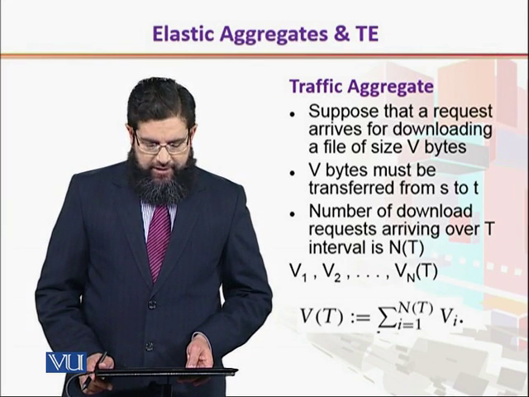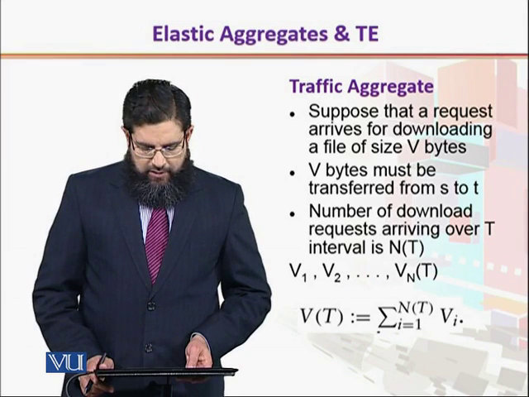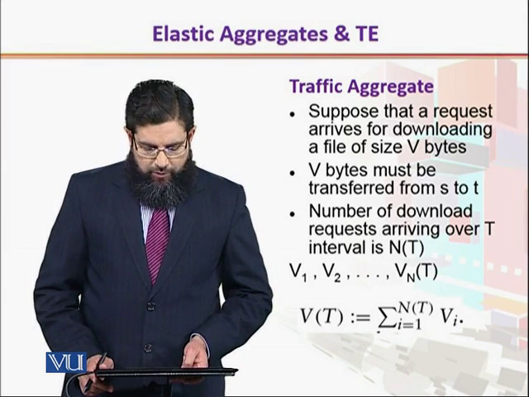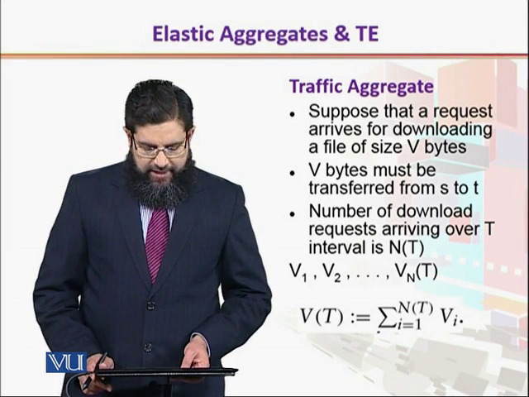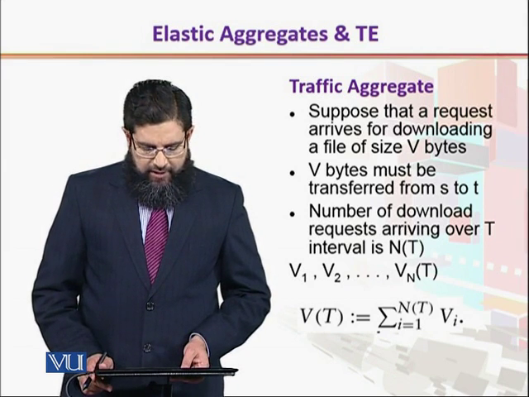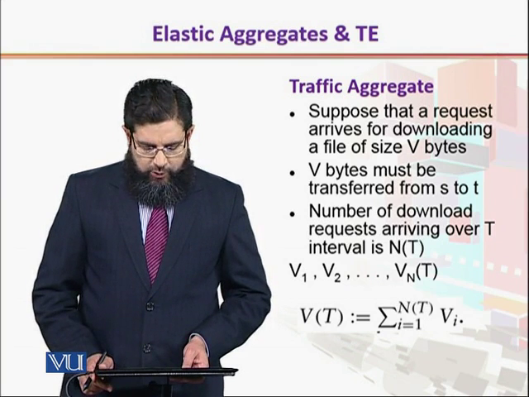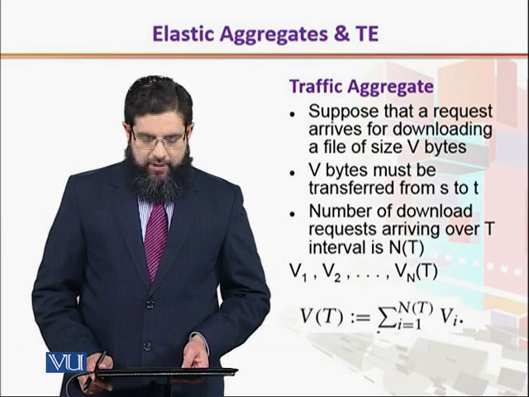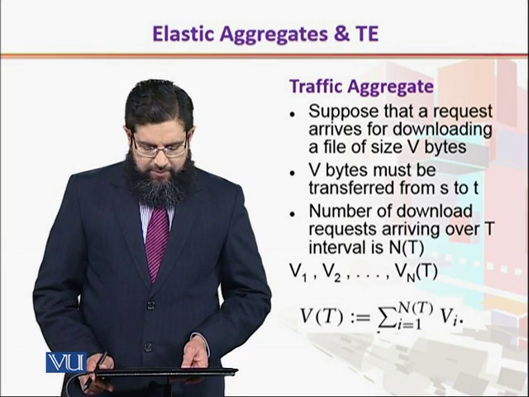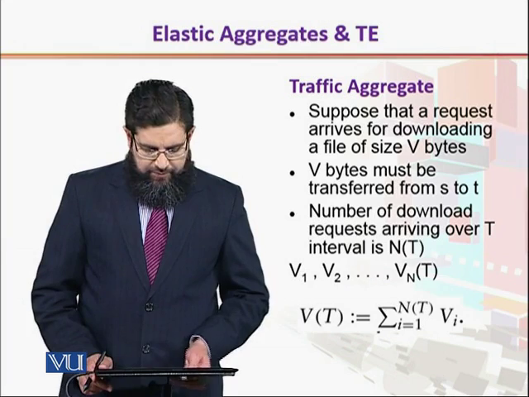Now that a request is made, V bytes have to be transferred from S to T. If we generalize the number of download requests arriving over an interval, if it is NT, then the total file size for this interval is going to be a summation over the whole range I is equal to 1 to NT for V sub I.